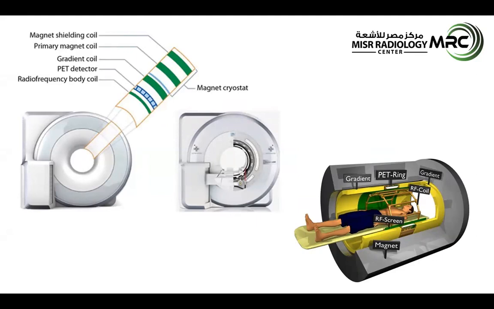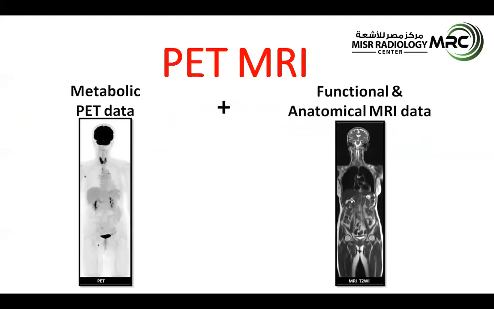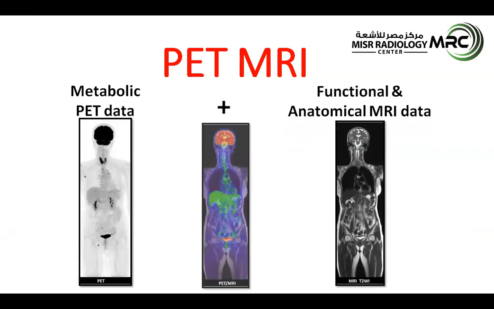Simultaneously, we have PET and MR images which are fused together to give us both anatomical and functional data taken from not only the PET but also the MRI. So we are fusing the metabolic data acquired from the PET with the functional and high resolution anatomical data acquired from the MRI.